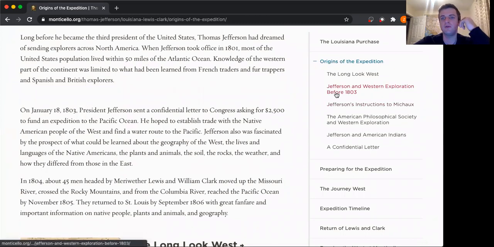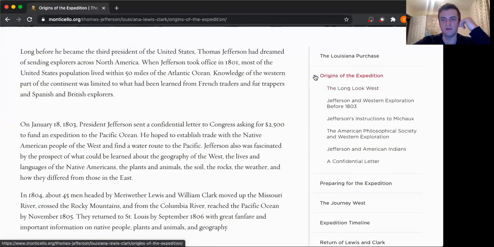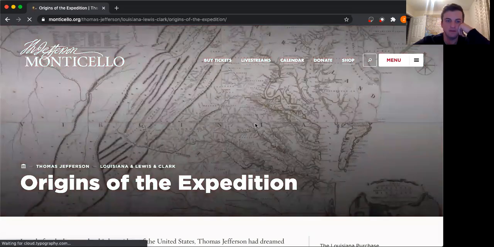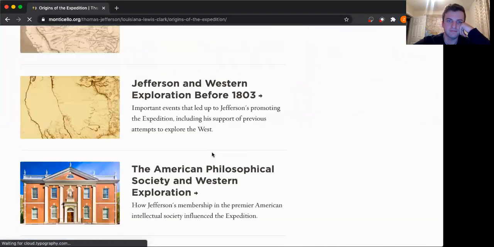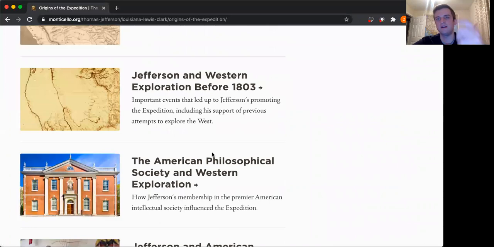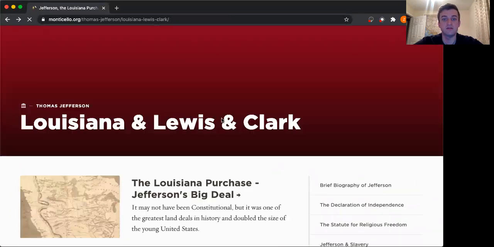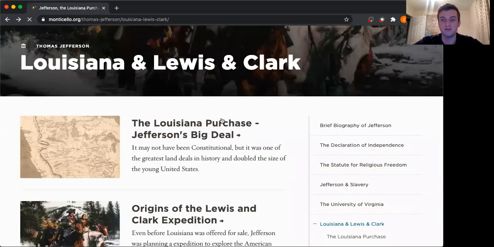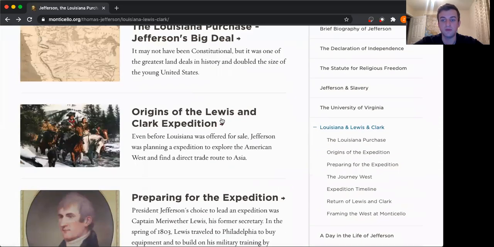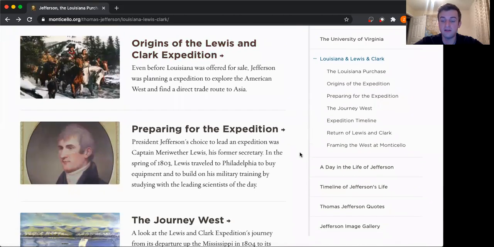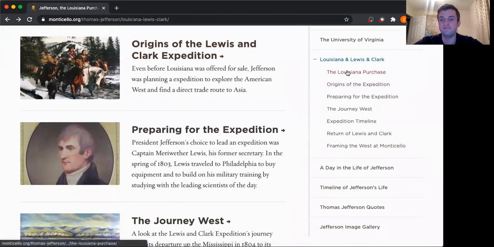So without further ado, these little side websites within this Thomas Jefferson Monticello website are a lot. So, like I said, we're going to hang out in the first three parts right here.